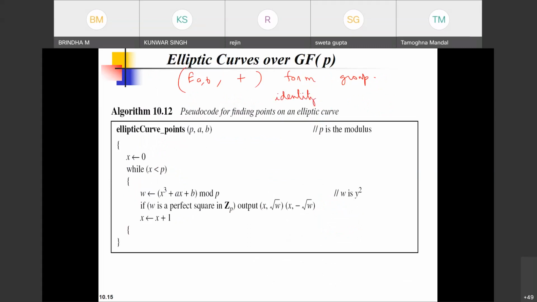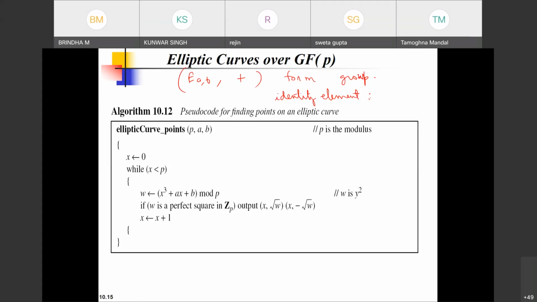Any guess? Identity element? The identity element is that element which, if you add it with any point P, you will get the point P. Okay.